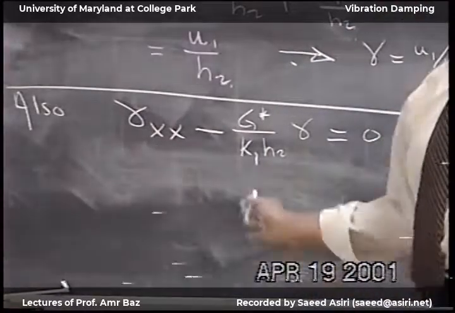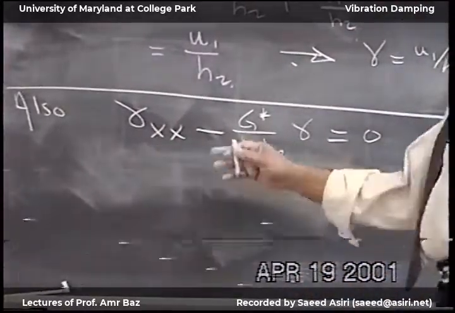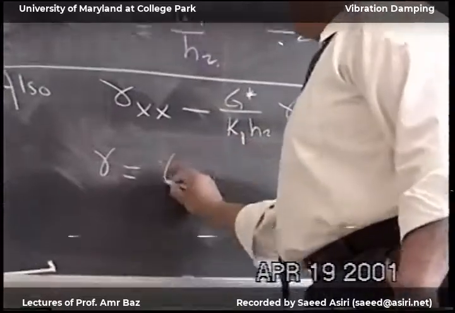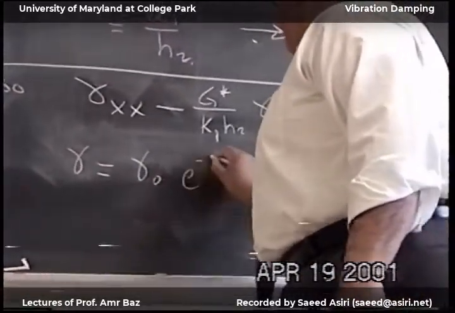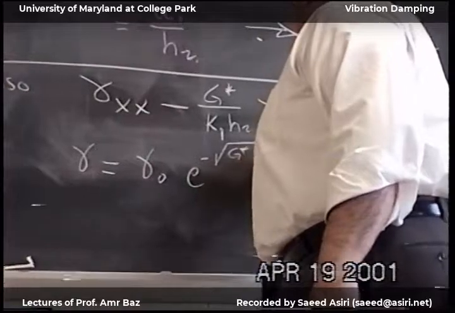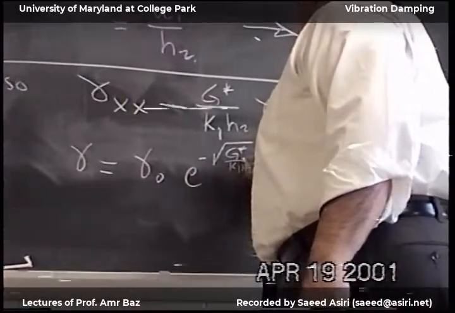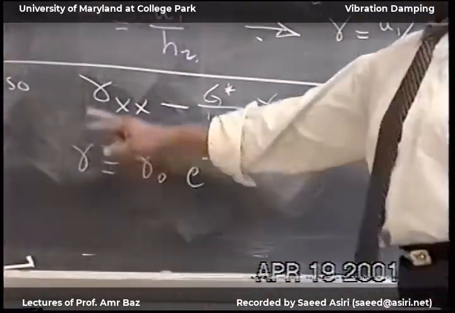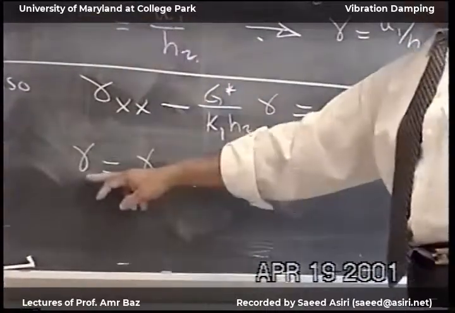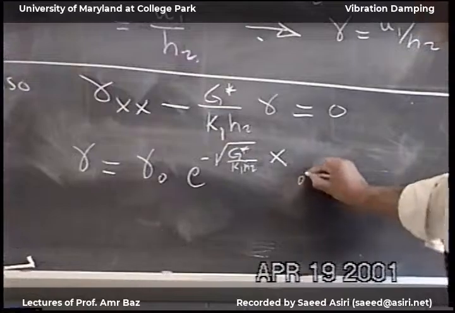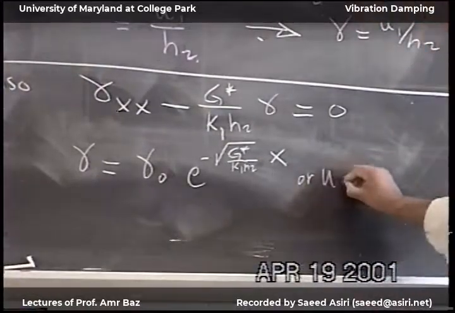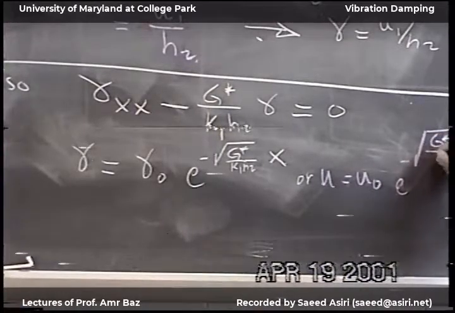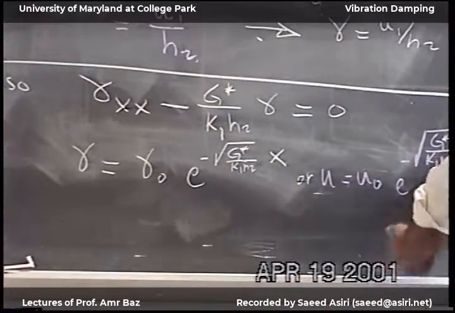So this is an ordinary differential equation, homogeneous, so it has a solution which is equal to gamma 0 times the exponential of minus the square root of G asterisk over K1 H2 times X. Because gamma is proportional to U1, I can also rewrite this as U equal to U0 e to the minus square root of G over K1 H2 times X.